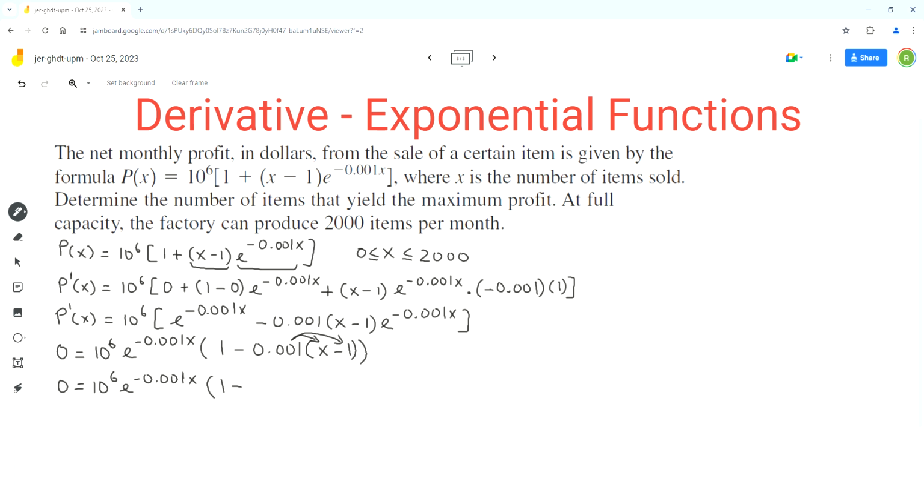So negative 0.001 times x is negative 0.001x, and then negative 0.001 times negative 1 will be positive 0.001. Now we can combine like terms in the parentheses.